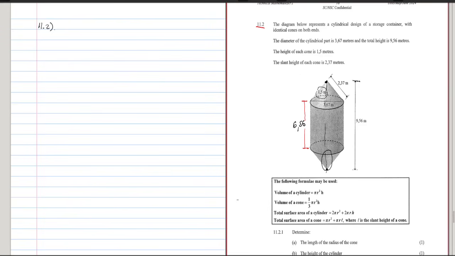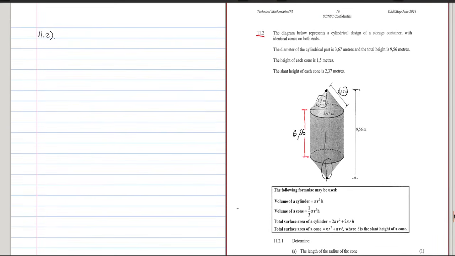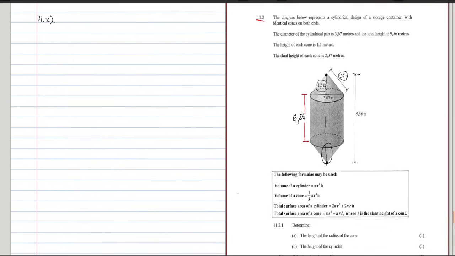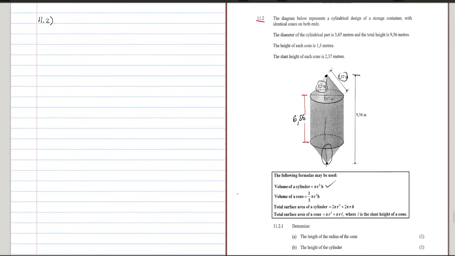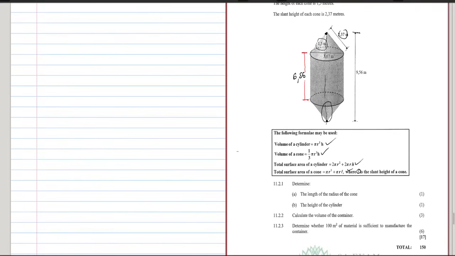Look at B. The slant height of each cone is that. So it is a height, but a slanted one, measuring the side of the cone. We are given the volume of a cylinder formula, the volume of a cone, the total surface area for the cylinder, and the total surface area for the cone, where L is the slant height of the cone.